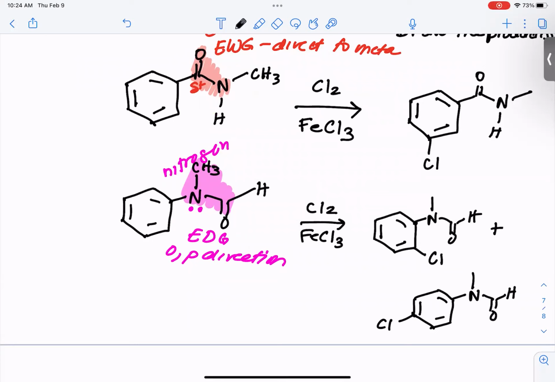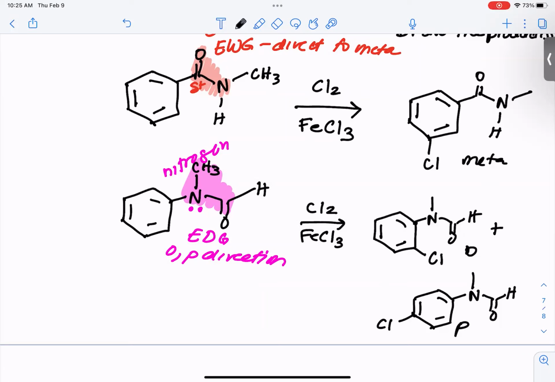So in the first case, meta, second case, ortho, and then para, right? So this is fine when we just have one substituent on the ring.